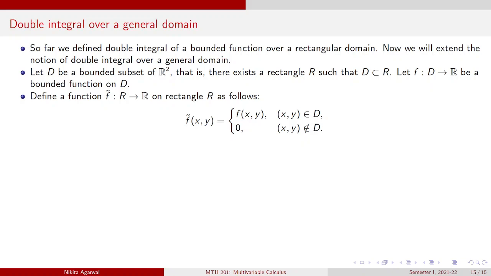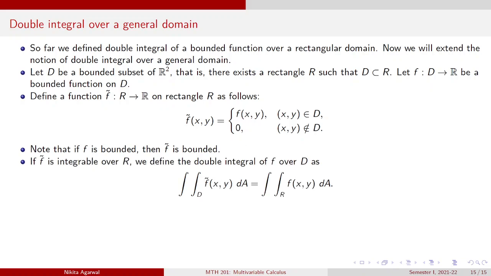Inside D, your function is the same as f, but outside D and inside R, it's 0 everywhere. So of course, if f is bounded, then f tilde should also be bounded, right? Because at other points you're defining it to be 0 anyway.